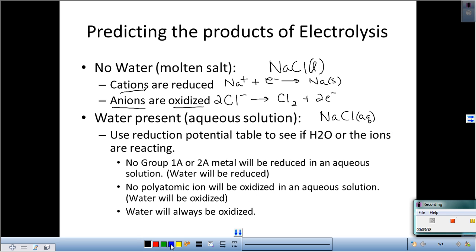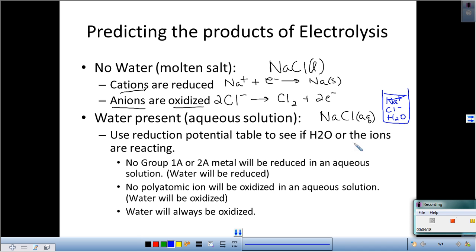In our beaker, we're going to have some sodium ions, some chloride ions, but we're also going to have some water molecules. And water's on your reduction potential table, we just haven't used it very much.